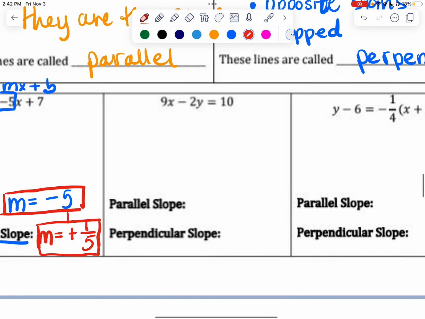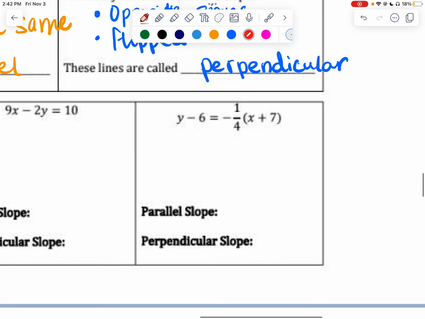Before I try the middle one, I'm actually going to skip over to this third one. If I recognize this form, we've been talking about it a lot, it's my point slope form, where I have y minus y1 equals m times x minus x1. So when I'm just looking for a slope, here is my slope, right?